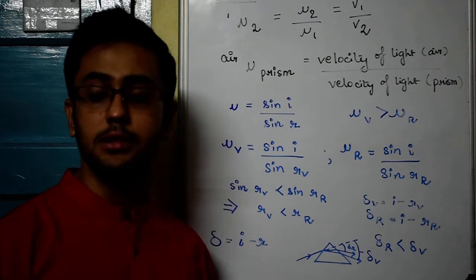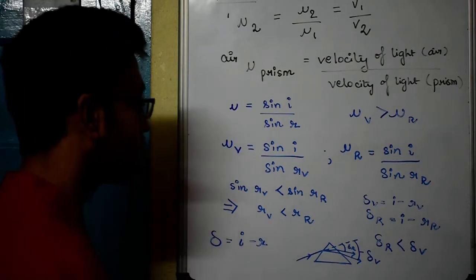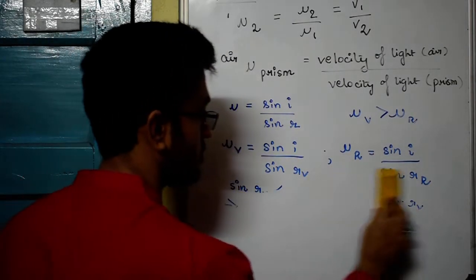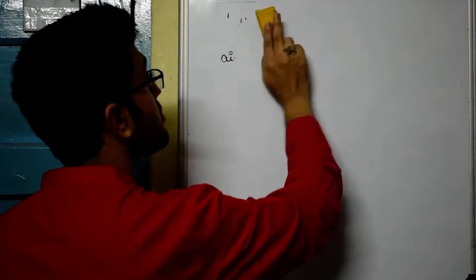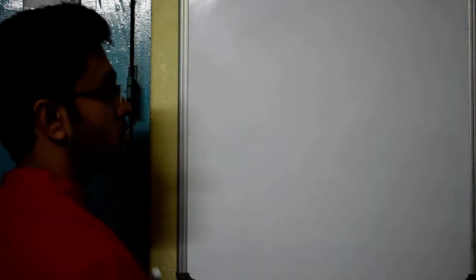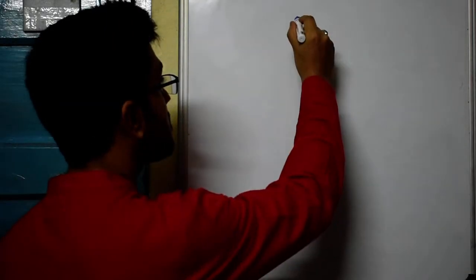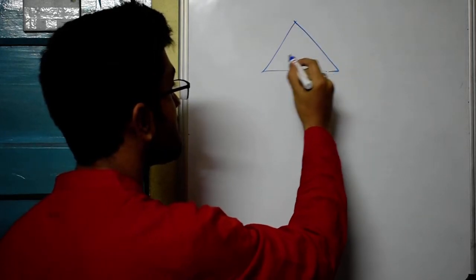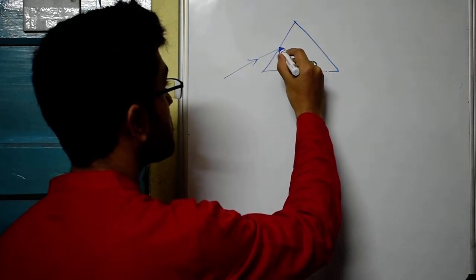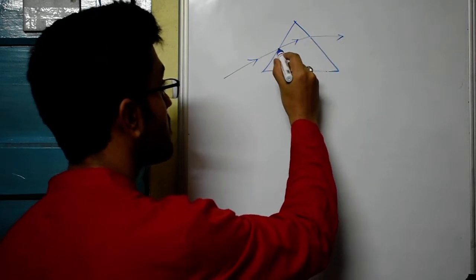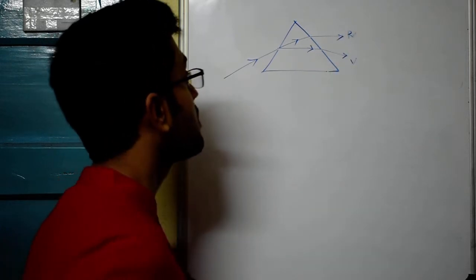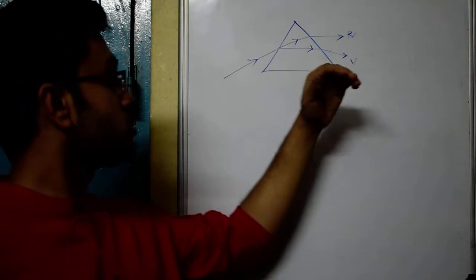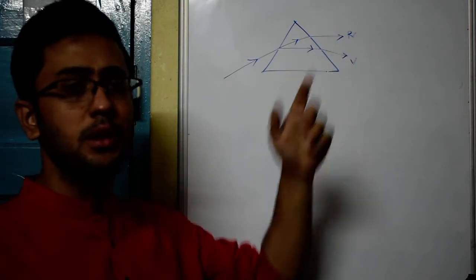Now what is the cause of the dispersion? Now we drew this initial diagram of a prism and a ray of light falling on the prism, such that the lowermost ray is the violet color, the uppermost is red, and in between are the other colors.